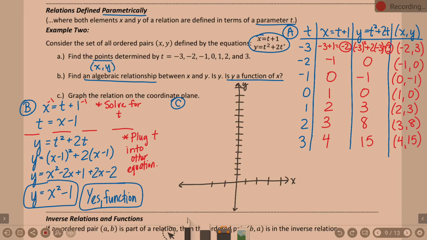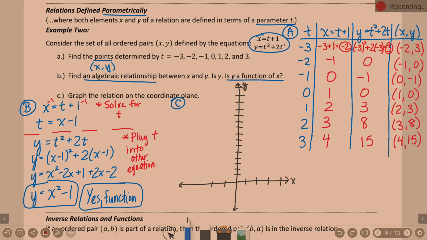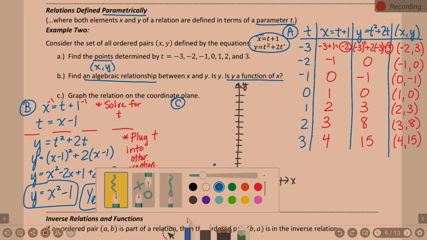Okay, guys. When t was -3, what did we find? We found the ordered pair to be -2, 3. When t was -2, we found the ordered pair to be -1, 0. Here's what I forgot to do.